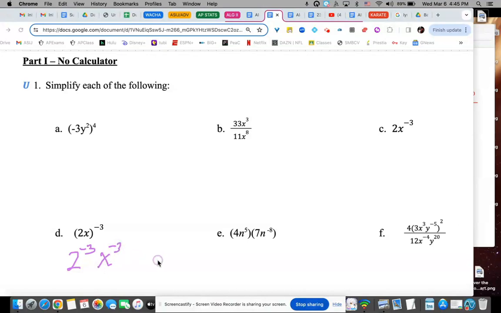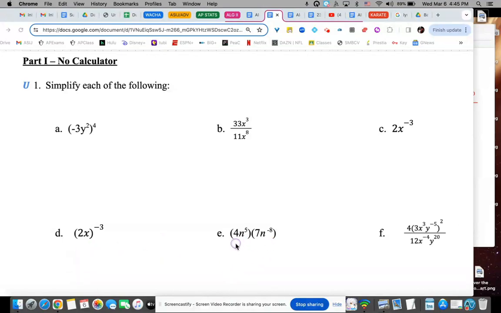And then we're going to flip things around, negatives go to the bottom, and I'll have 2 to the 3rd power is 8, and x to the 3rd, and we'll be done. Once you have positive exponents on everything and things are simplified, then you're done.